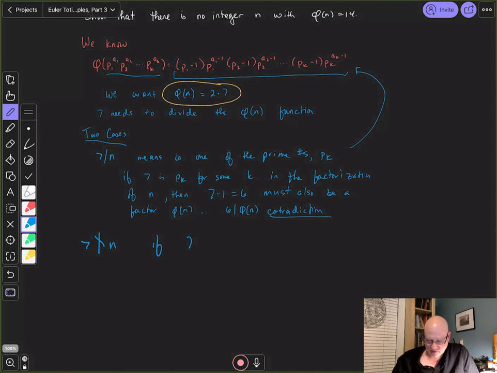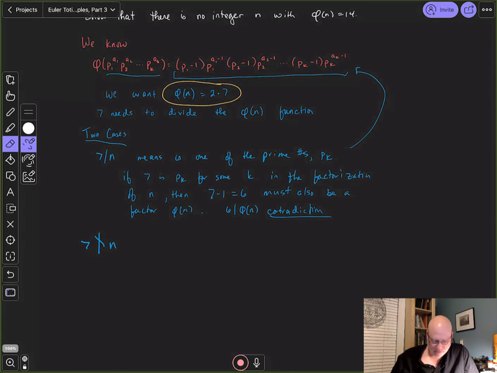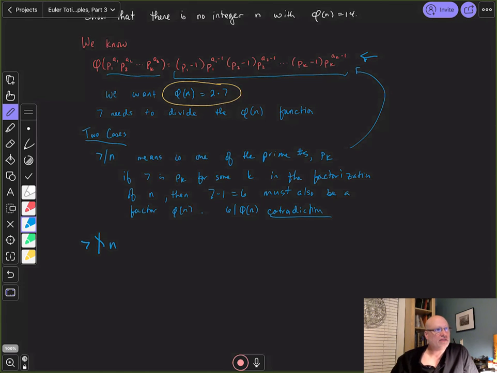If we think back up to this function up here again, if 7 doesn't divide n, then 7 is not one of the prime values over here. So 7 is not one of the primes that makes up n.